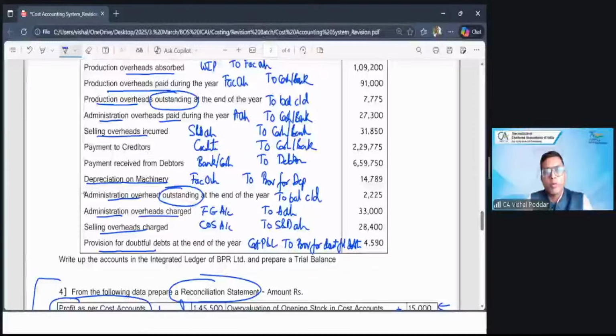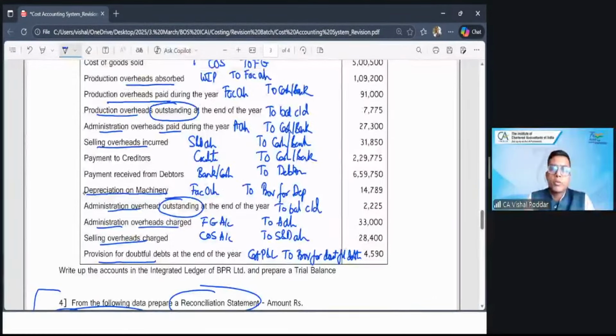So provision for doubtful debts at the end of the year will be debited to cost P&L. The opening balance, which was the last year's provision, will be credited. So if you remember in our 11th standard accounts also, old RDD credit, new RDD debit to P&L. So same thing we have done over here. Cost P&L is debited with the fresh RDD, and the opening RDD you will transfer to cost P&L on the credit side, so it will get nullified.